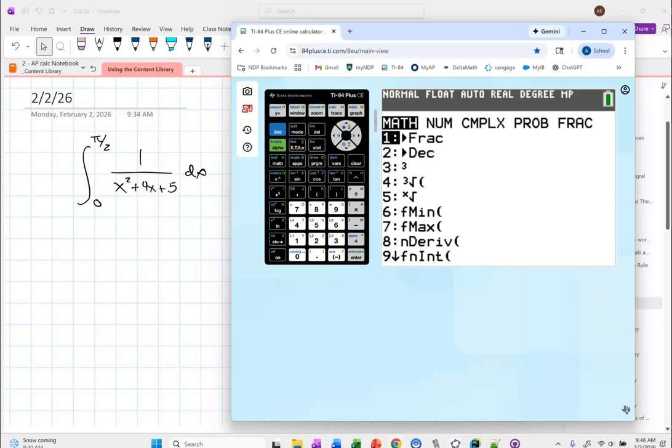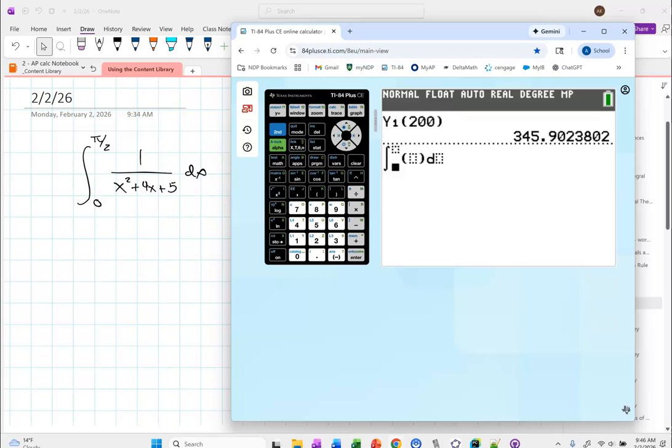And then I'm going to use command number 9 on my calculator that says fnInt. That means function integration. And then I just type it in just like it looks on my sheet of paper, and it'll spit out the definite integral. It can only do definite integrals.